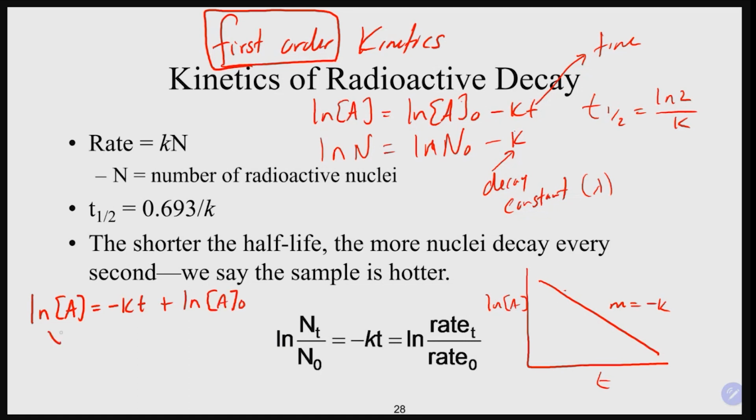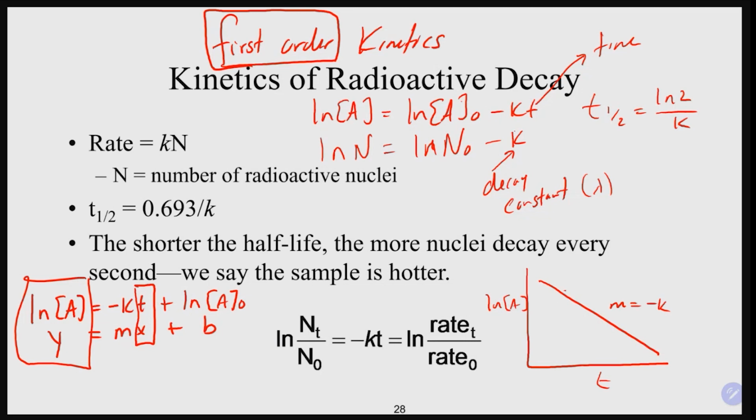This is written in the form of a straight line, y equals mx plus b, where on the y you put the natural log of A, and on the x you put time. The slope there will equal negative the decay constant in this case, which is very similar to the rate constant. It's kind of the same idea.